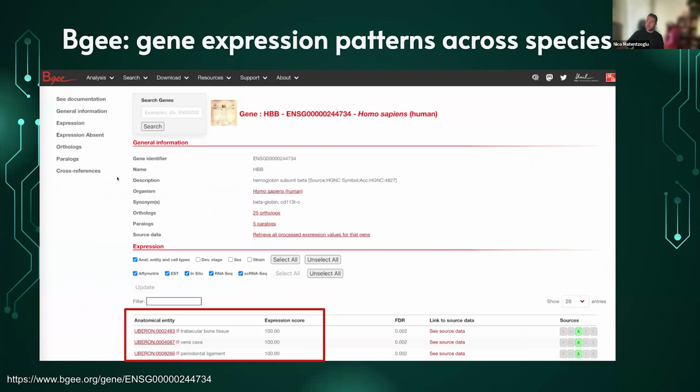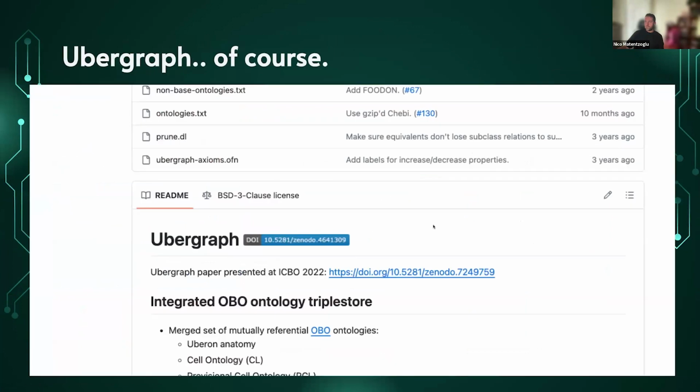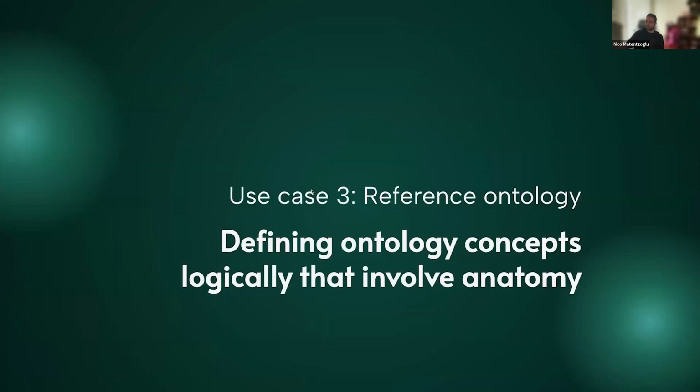So they integrate gene expression patterns across different species using Uberon, and in particular using the Uberon composite files. And of course, Ubergraph, which I forgot to put on before, but I now remembered when I heard Damien speaking, as one of our knowledge graphs of choice for accessing information across OBO ontologies, developed by Jim.